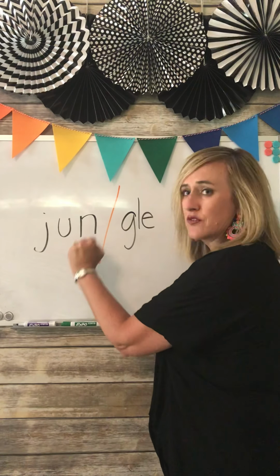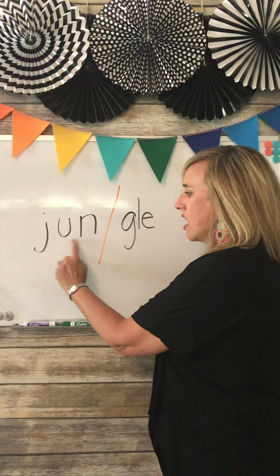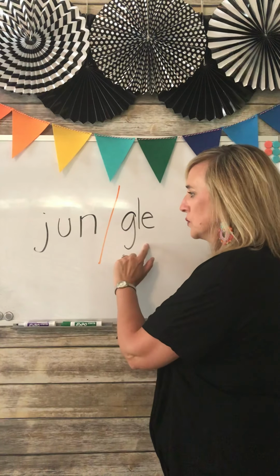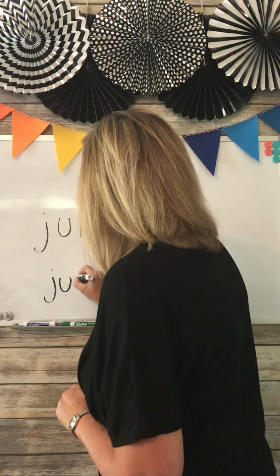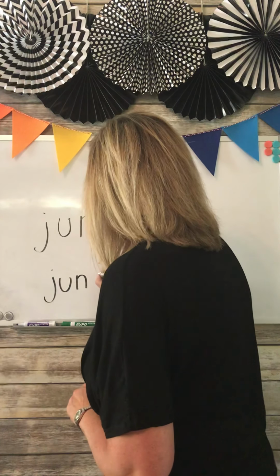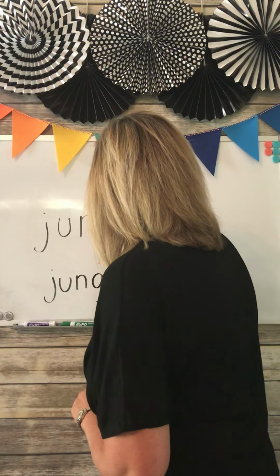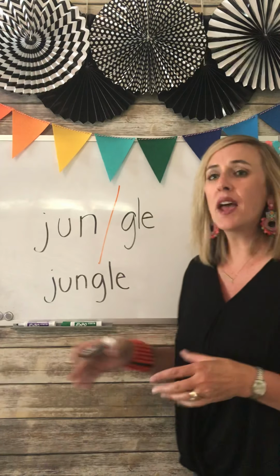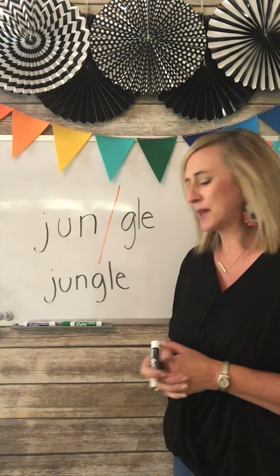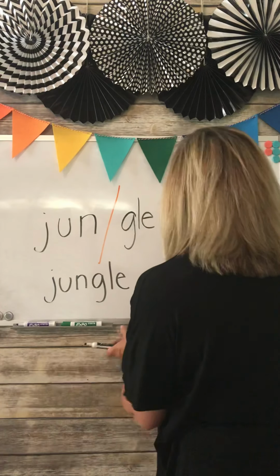That makes that a closed vowel sound. Jungle. So jungle would be spelled J-U-N-G-L-E. Go ahead and check your spelling on your paper. Again, if you made any mistakes, just draw a line through it and make sure you're getting practice writing out that correct spelling.